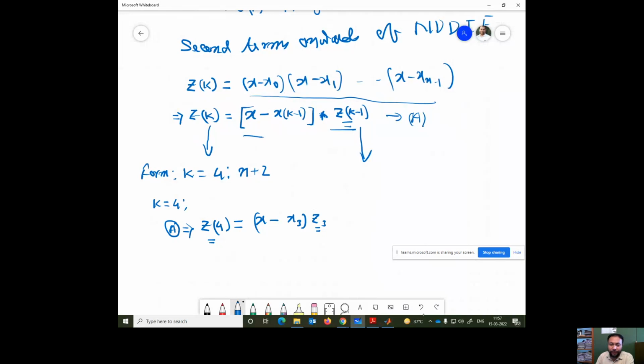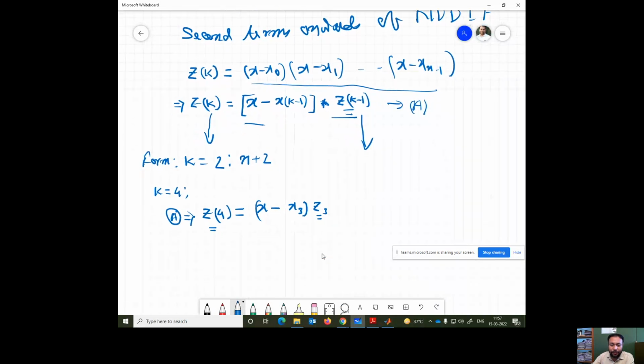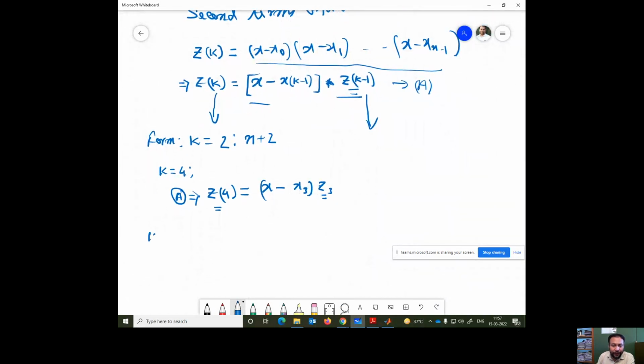Now suppose k starts from 2, not 4. If k is equal to 2, equation number A implies that z2 is equal to x minus x1 into z1.